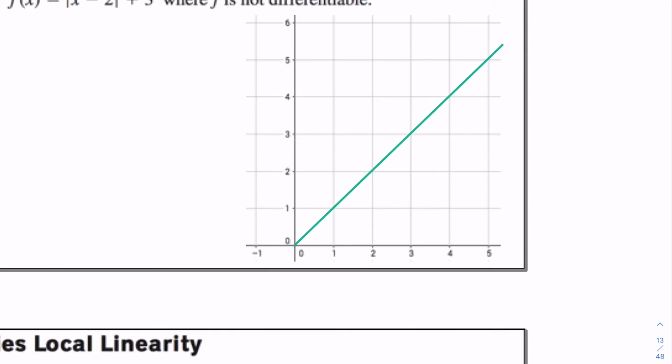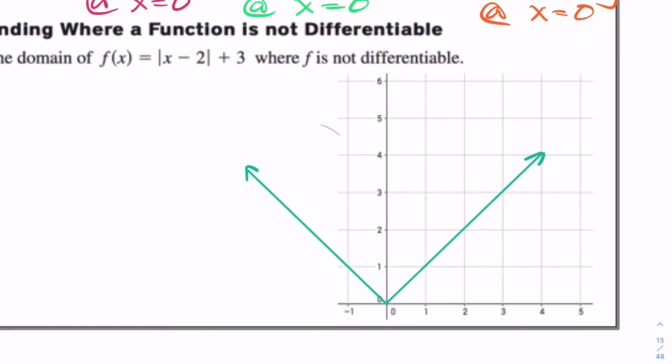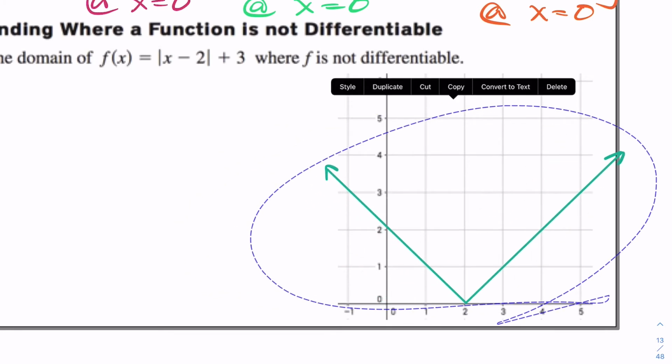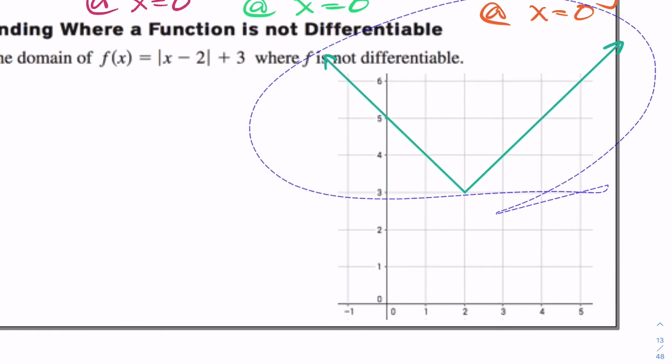I'll try to match it somewhat over here. And it looks like it has a shift to the right by 2 units because it's x minus 2. And then it looks like it goes up 1, 2, 3 right there.